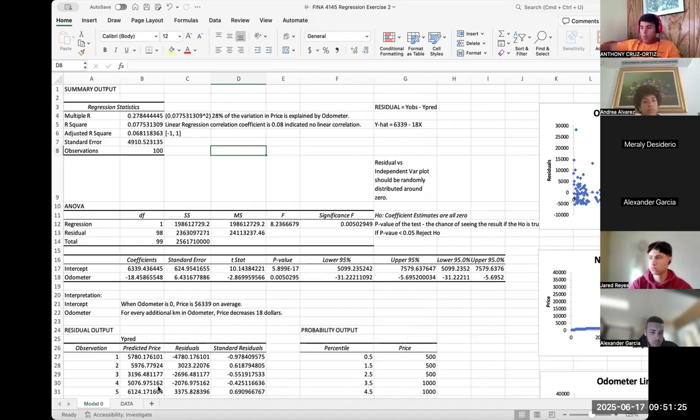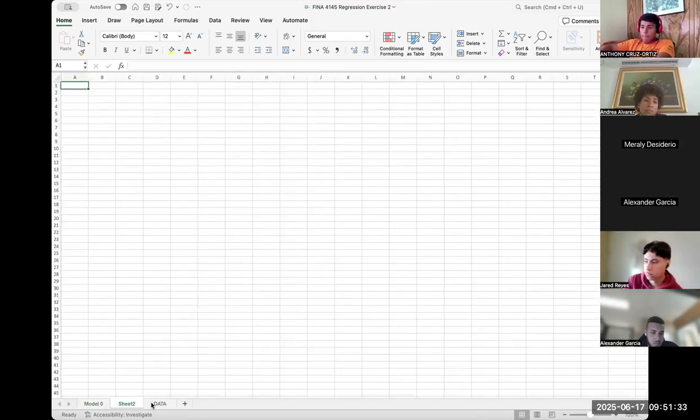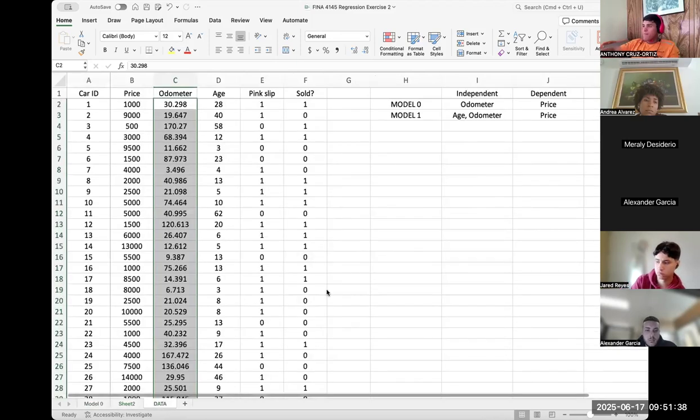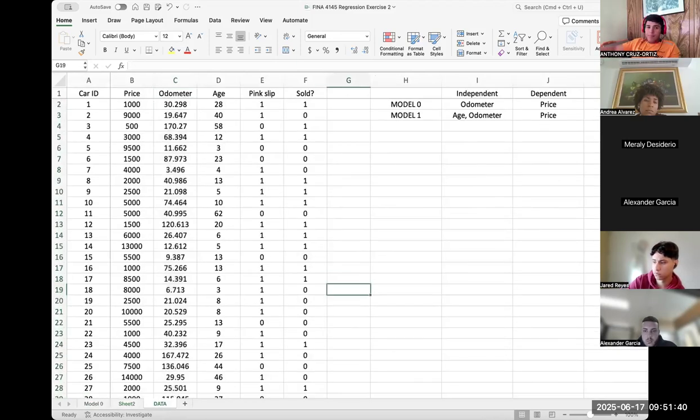Okay, so this is not a great fit. So let's do the next model. We're going to call it model 1, and you're going to fit using age and odometer. Can you guys do it?